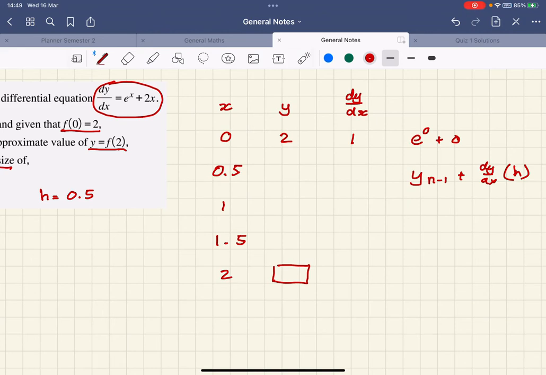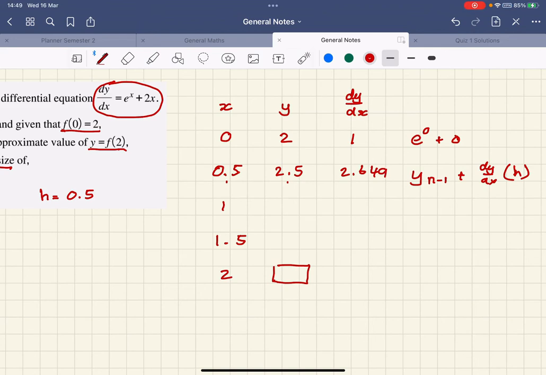I add it to my previous y answer to get 2.5. Now I use my two values, the 0.5 and the 2.5, to rework out dy by dx. In this simple case, there's no y's to plug in, just the x's. And this gives me 2.649.